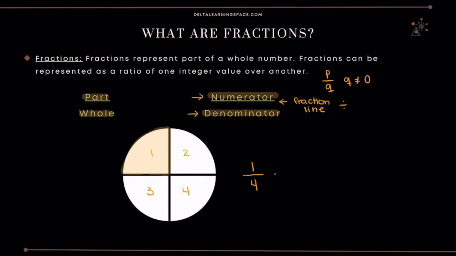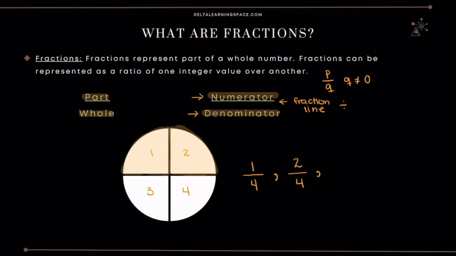I could continue this and shade 2 equal parts. Two would now be my new numerator because I shaded 2 parts, but I still have 4 equal parts making up this whole circle, and so my denominator would not change.